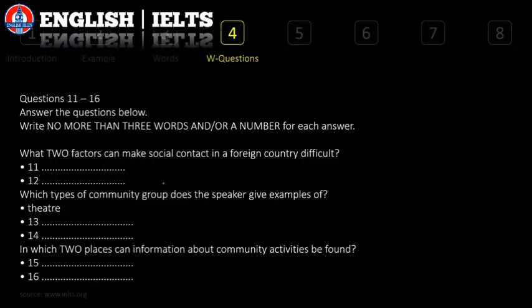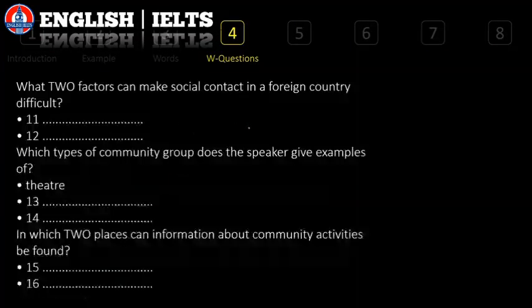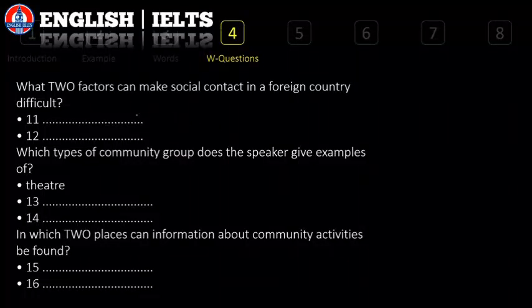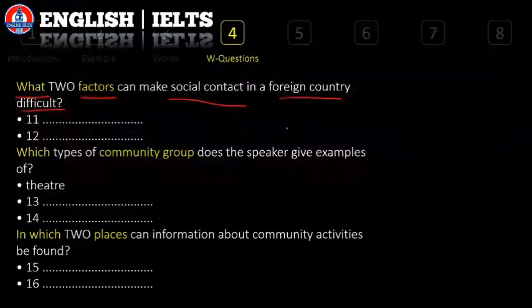So we have some questions here. Okay, I'm going to get rid of the instructions and let me zoom in here. We have here, what 2 factors can make social contact in a foreign country difficult? Here the question word is what. This is important. Second is the information here, factors. So all you have to listen to is what factors, social contact, foreign country, difficult. That's it. So you can guess what factors they are talking about.